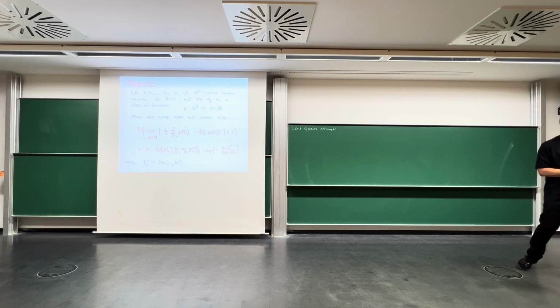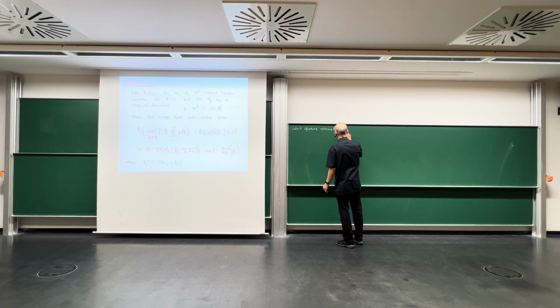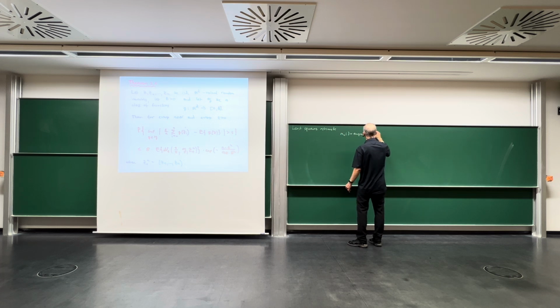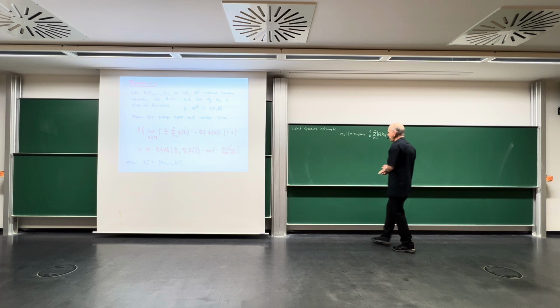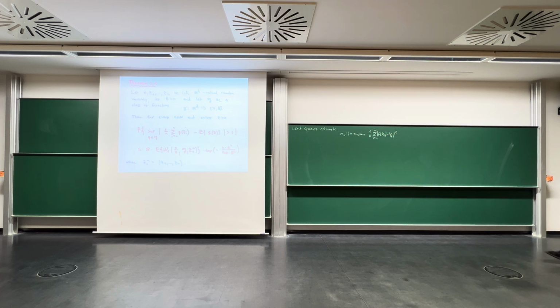Data is X1, Y1 up to Xn, Yn. We can use the least squares estimate, where we just choose the function which minimizes the empirical L2 risk, so 1 over n times the sum i equal 1 to n of f of Xi minus Yi squared, over some function space which I call calligraphic Fn.